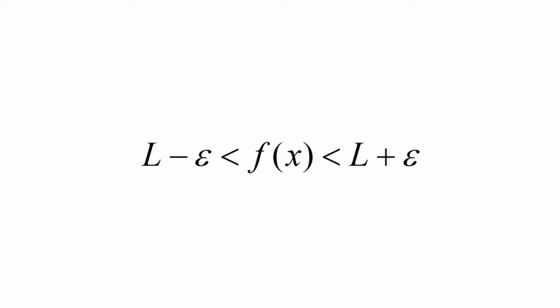This interval extends the same distance delta on both sides of C and lies inside of the open interval x naught x 1. Moreover, the condition L minus epsilon less than f of x less than L plus epsilon holds for every x in this interval except possibly at x equal to C.